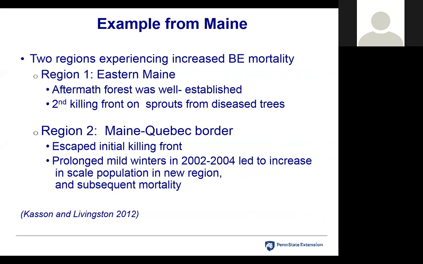And what they're finding now is that with a few prolonged mild winters, there were some mild winters between 2002 and 2004, and this is what led to the increase in scale population in that new region. So now they're seeing mortality not only in the aftermath forest, but in places that may have escaped it in the past.